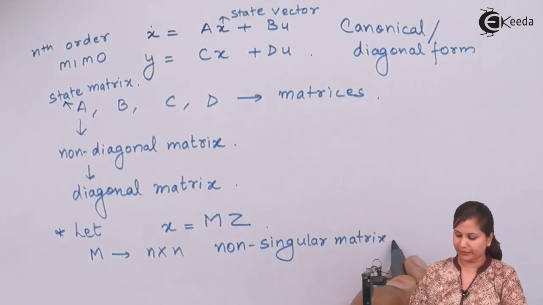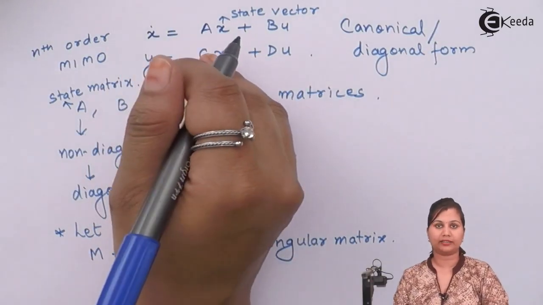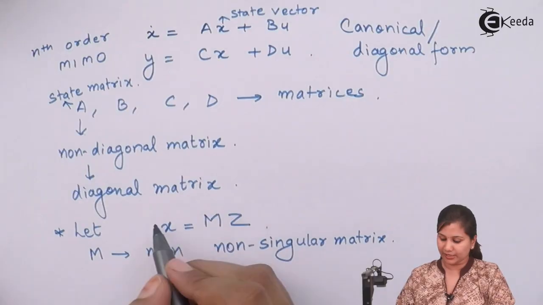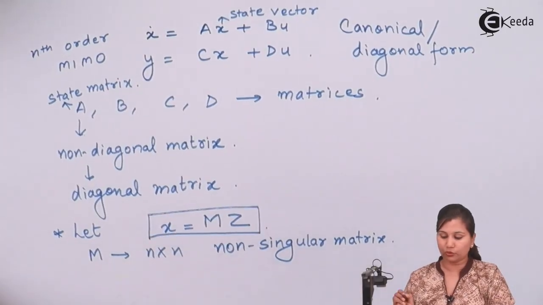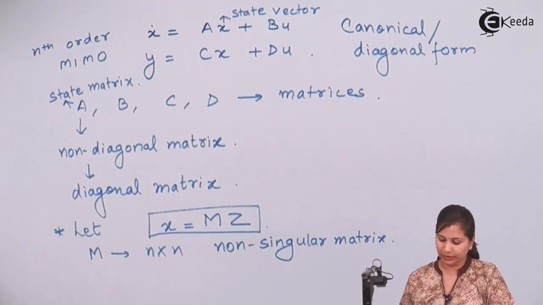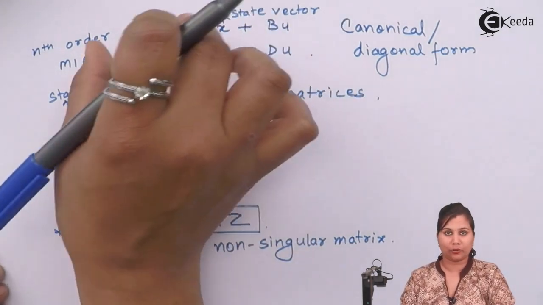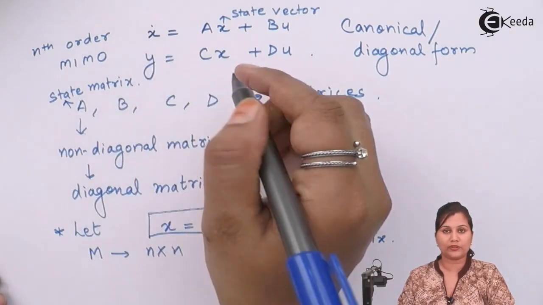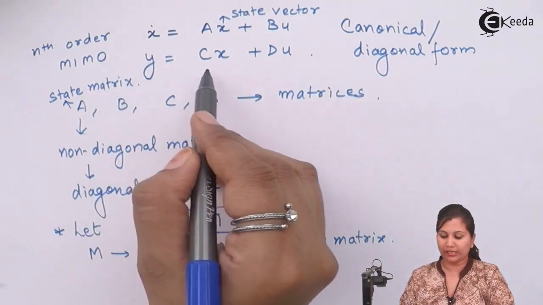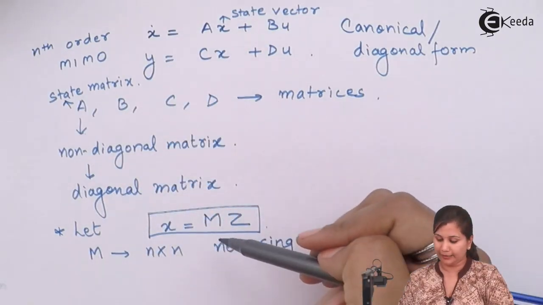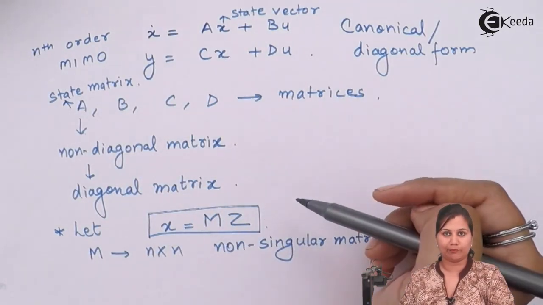So we are just replacing the original state vector x with a new state vector which is defined by x equals Mz. Now we are going to substitute this value into the state space equations, that is x dot equals Ax plus Bu and y equals Cx plus Du. We are going to replace x by Mz.